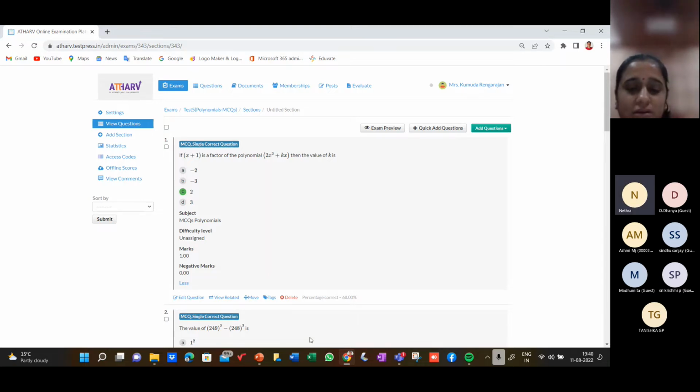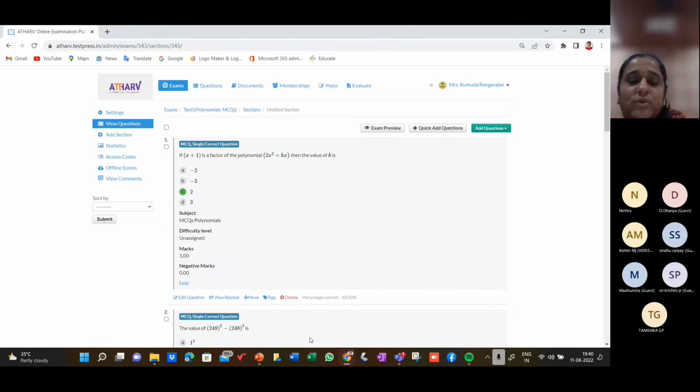What about the second one? Ma'am, I got the value. Yeah, good. What about the second one? How do you do the second one? Find the value of 249 the whole square minus 248 the whole square. How do you do it? Using the formula a square minus b square.